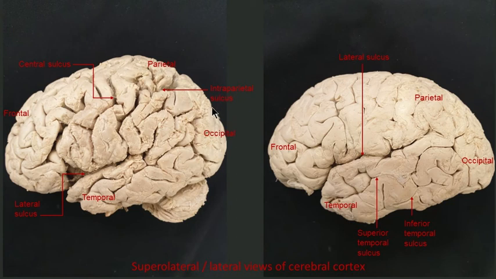But here we're looking at the superolateral surface, but we can still appreciate a little indentation over here. This is basically the parieto-occipital sulcus, or whatever part of the parieto-occipital sulcus we can see here. It's mainly on the medial surface side. If we connect this little indentation all the way down to this indentation here, this little angle which is on the inferior surface of the brain, this is known as the preoccipital notch.